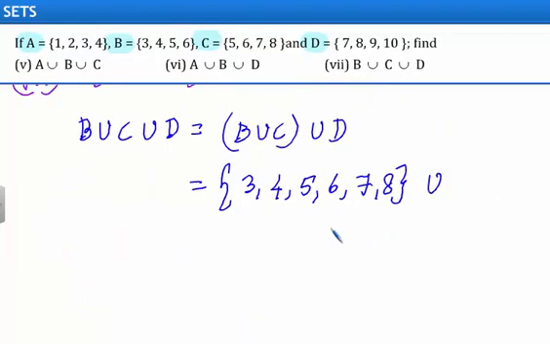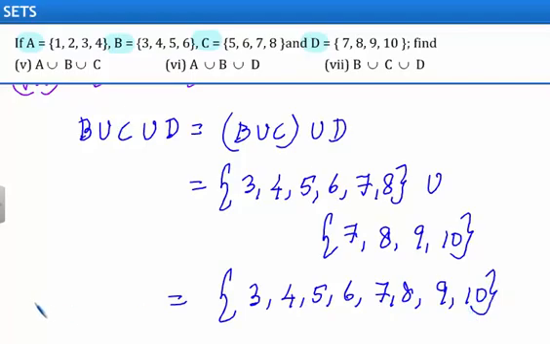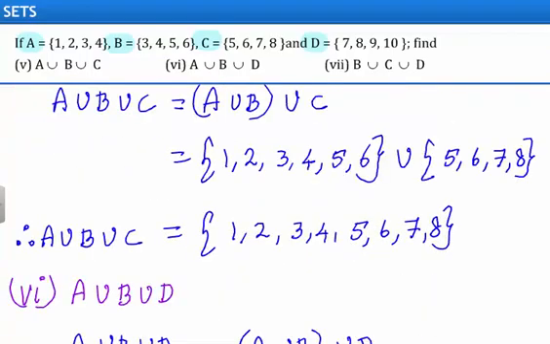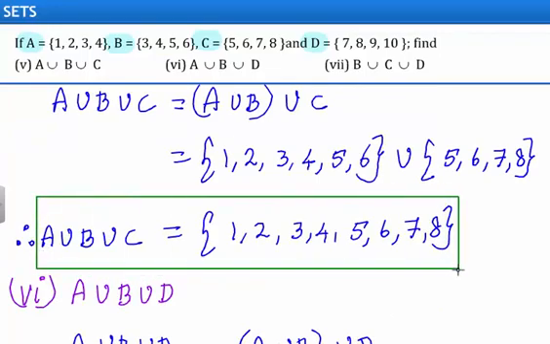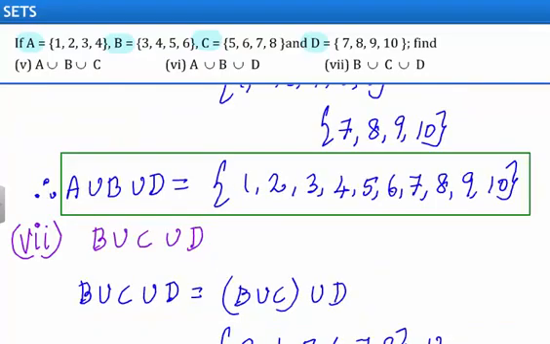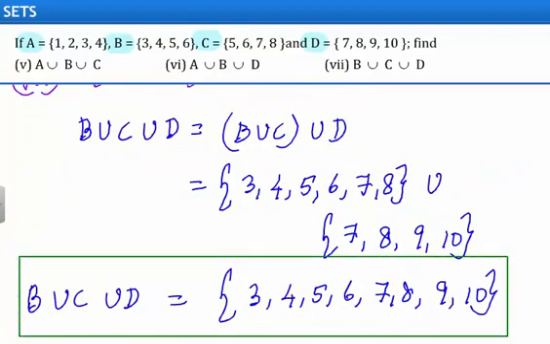Union the set D. This will be equal to 3, 4, 5, 6, 7, 8, 9, 10. This is B union C union D. Hence, we have found A union B union C, A union B union D, and B union C union D. This completes the solution.